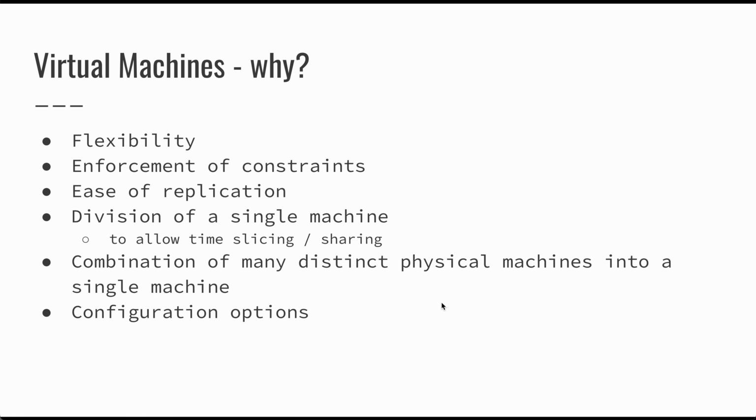You can also, in the opposite direction, combine many distinct physical machines into a single virtual machine. This can be effective if you want to have a much more capable piece of hardware, and this way you can take a group of machines and then operate them as a single machine. And you have a lot of different configuration options in a virtual machine.